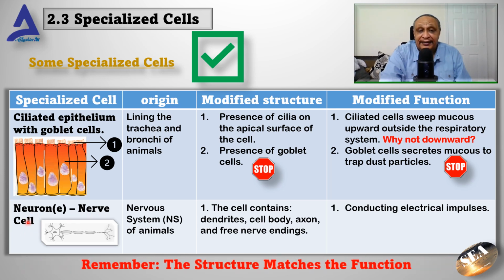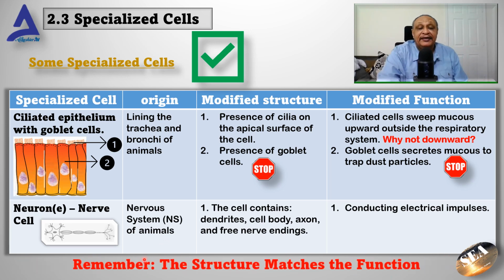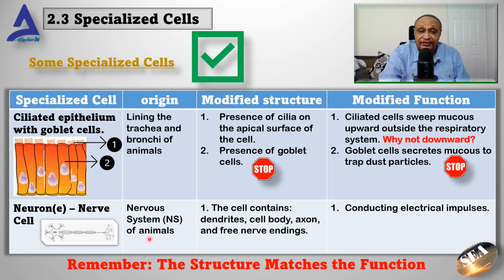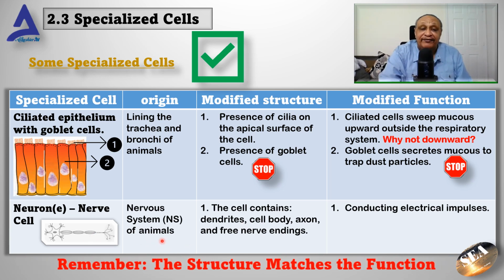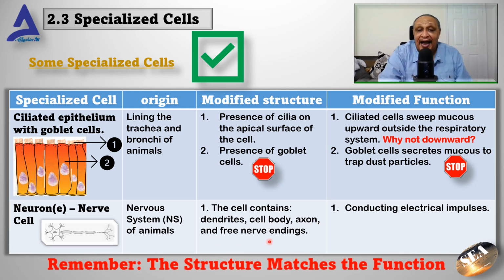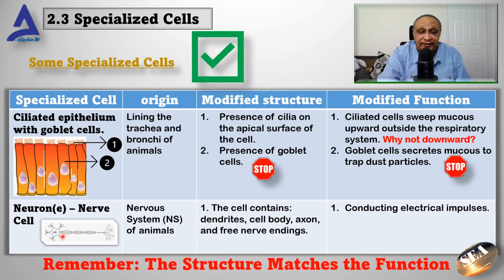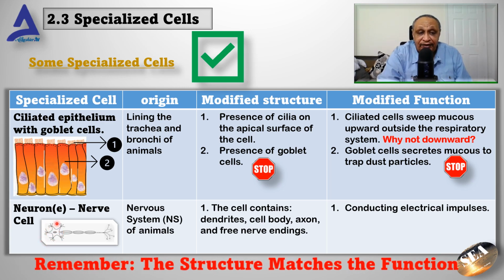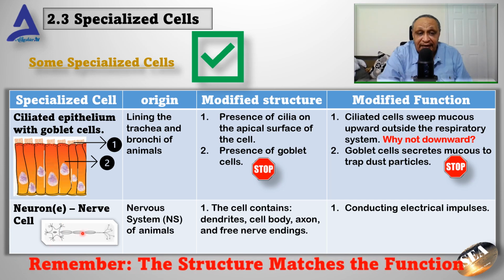The second one is called neuron. The neuron or the nerve cell. It is present in the nervous system of the animals, and it contains different parts: dendrites, cell body, axon, and free nerve endings. So here is the cell body where the nucleus is, and those are the dendrites, the side ones.